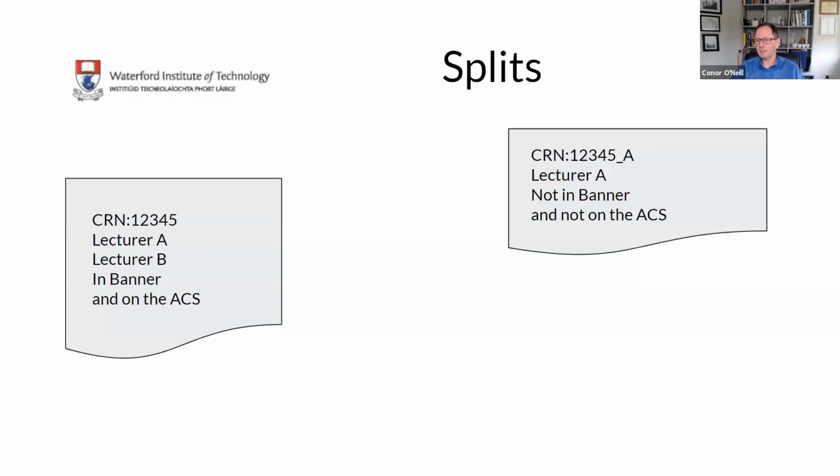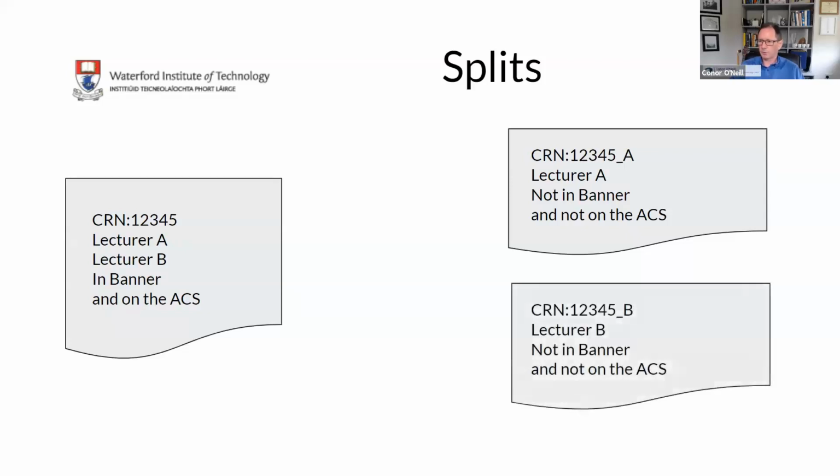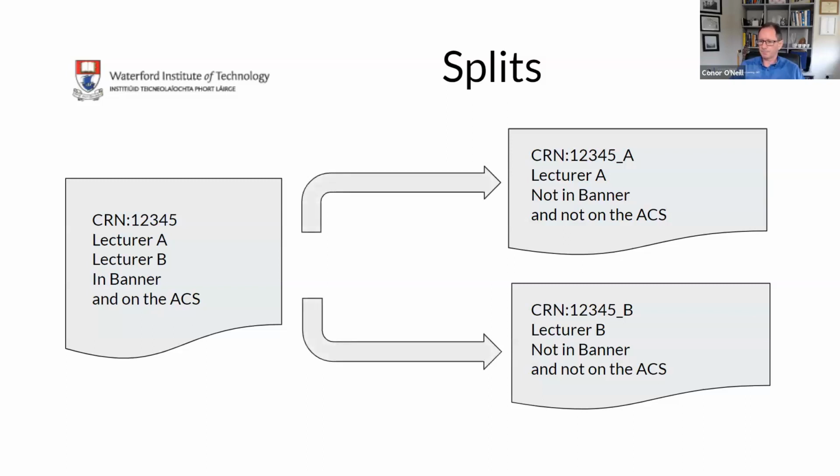It's just the split itself, from a systems point of view, that's not. So we'll create 2 splits in this case because there's 2 lecturers involved, but we could have 3 or 4. We could have an A, B, C, D, E. It depends. And then we allocate these 2 lecturers individually to each split.